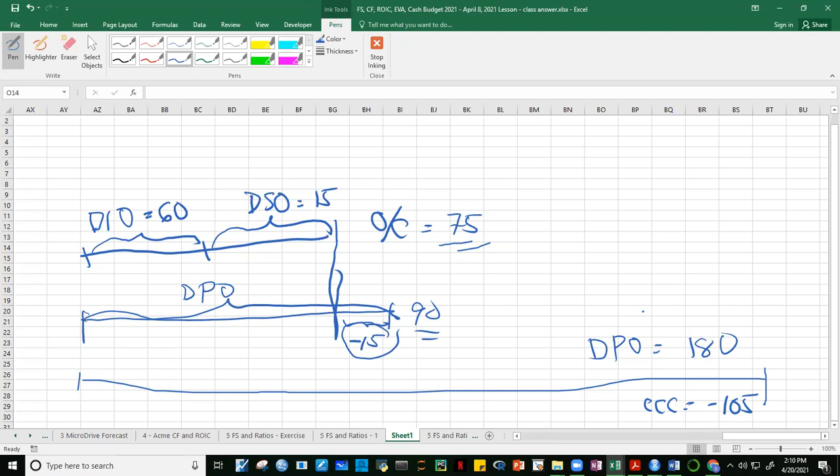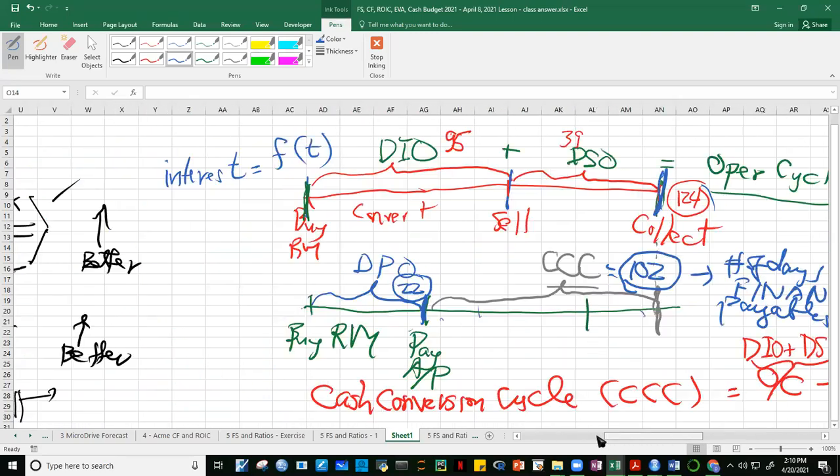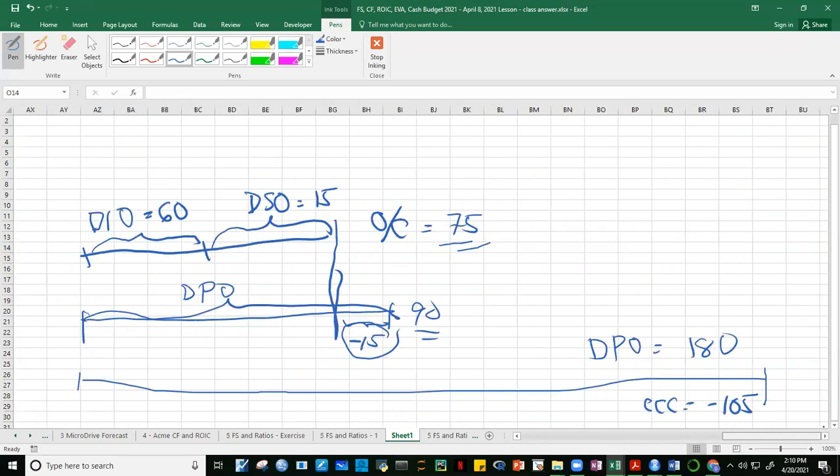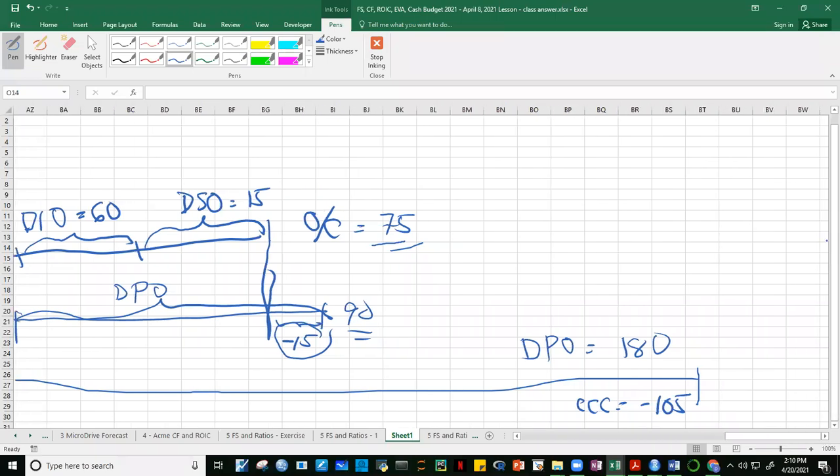Anong company yun, guys? Offhand, do you know a company whose business model is like that? Anyone, guys?